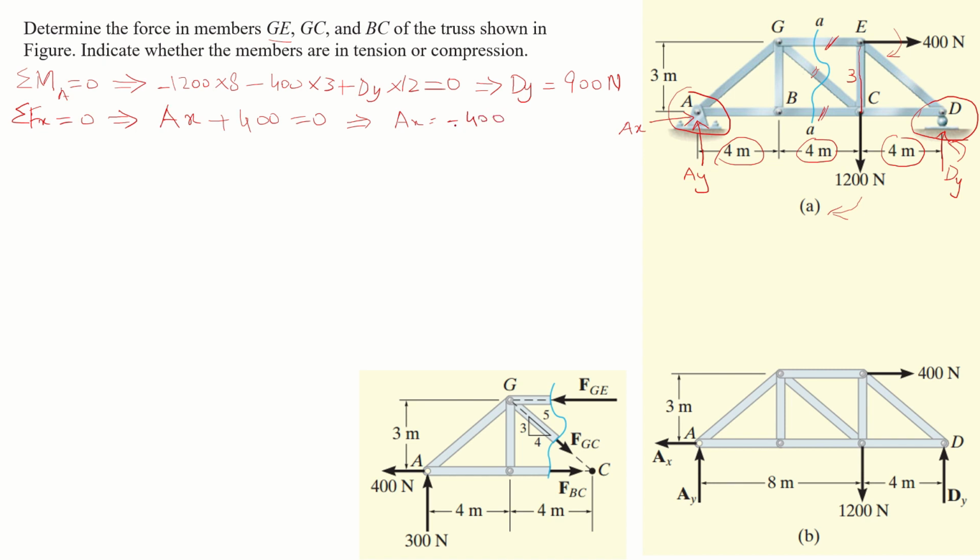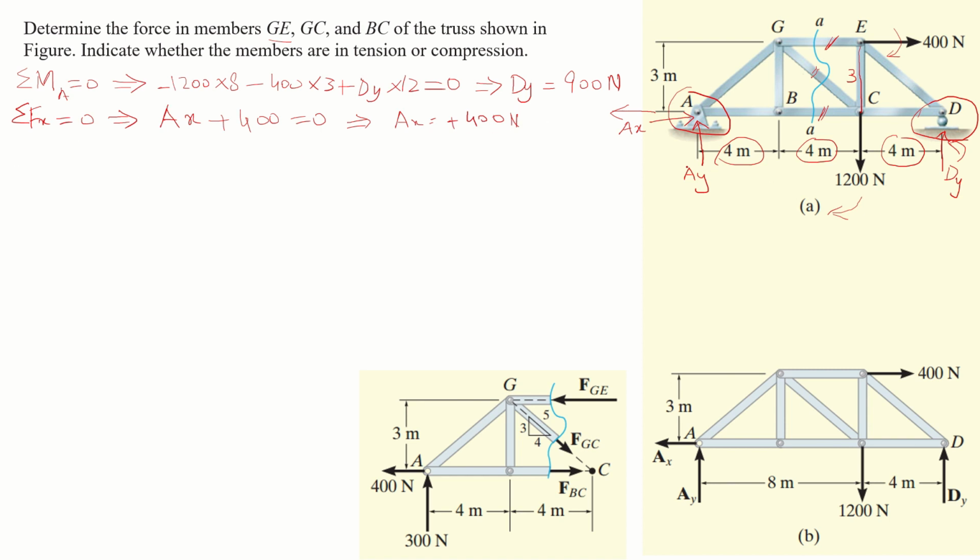So negative sign shows us that we have placed the wrong direction of ax. The ax should be on the left side. The correct direction of this ax is on the left side. So if we placed the correct direction of ax on the left side, it would be with the positive sign.